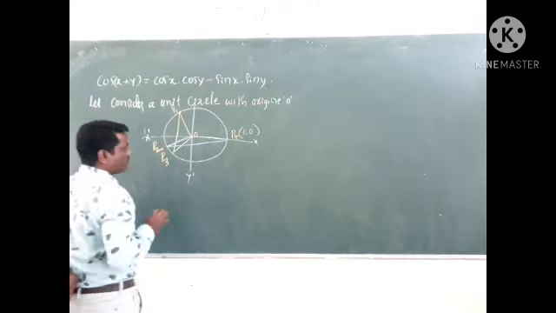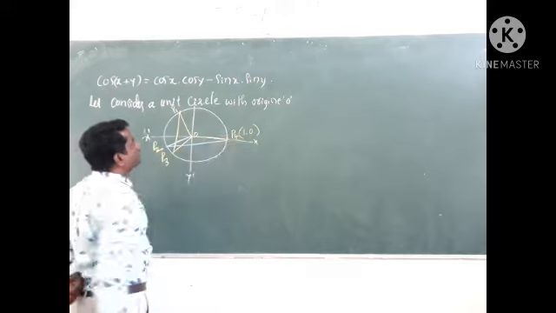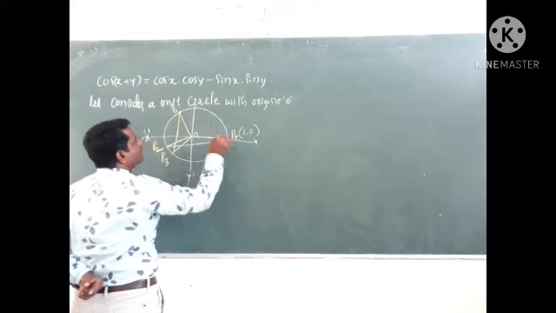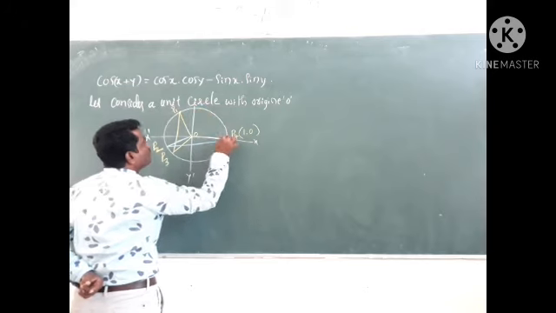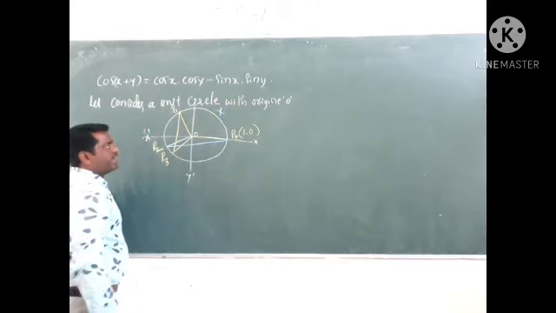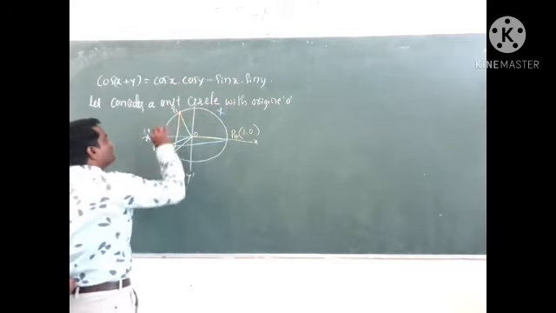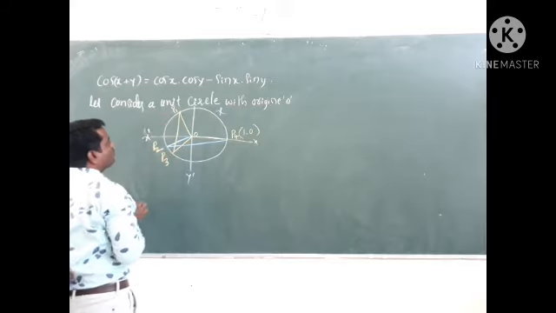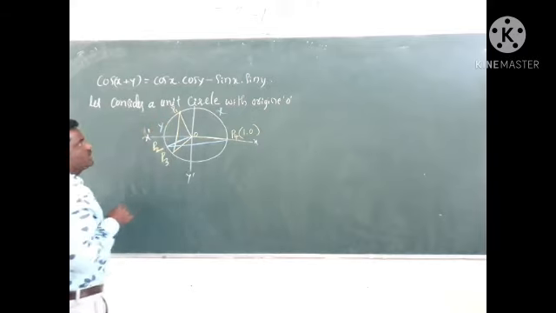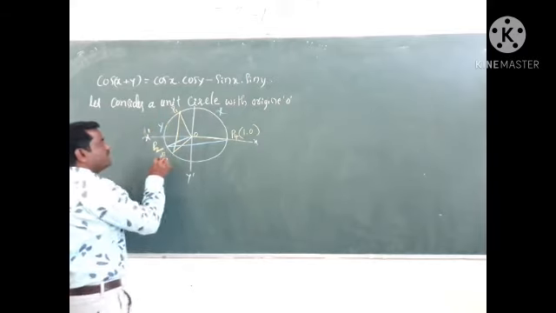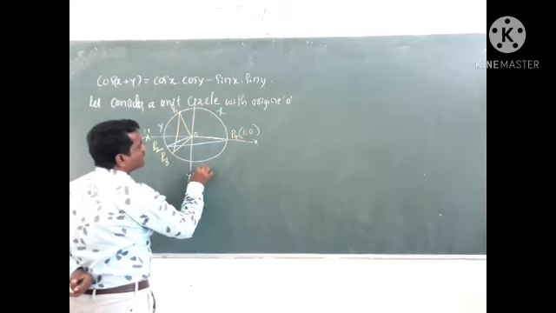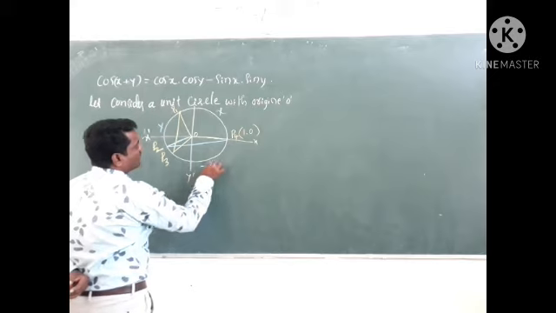P2 O P4, and we have also labeled the point P4 to P1. This angle we can label as x, and P1 to P2, this angle is y, and here the remaining P2 to P4, this angle will be minus y.